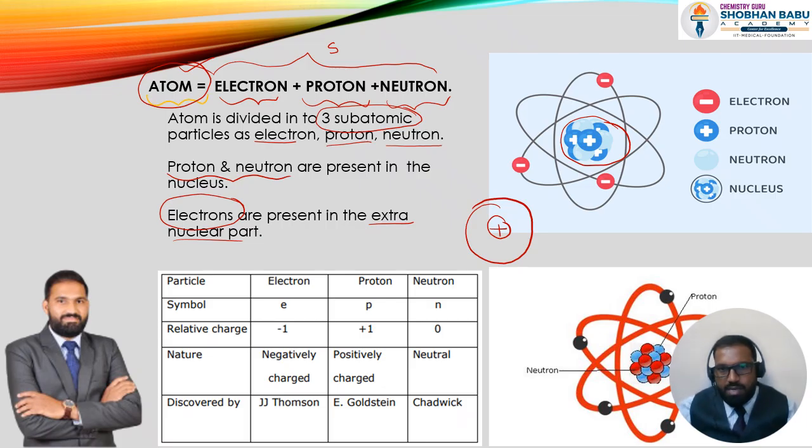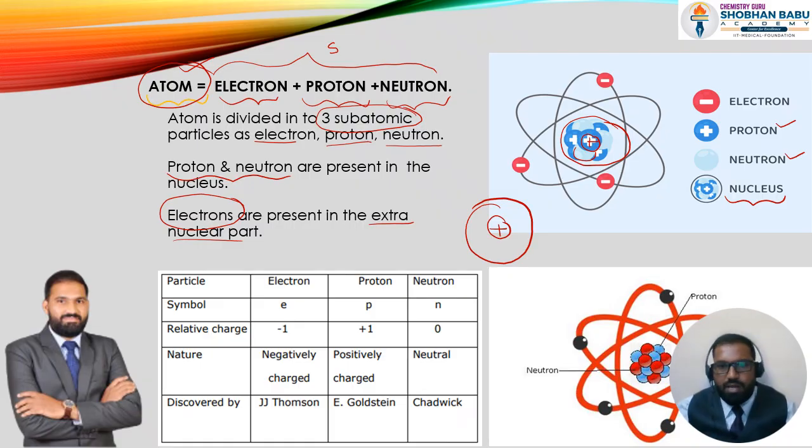In this nucleus, the protons have positive charge, neutrons have neutral charge, there is no charge, and electrons are negatively charged particles. As protons and neutrons are present in the nucleus, together they make up the nucleus.